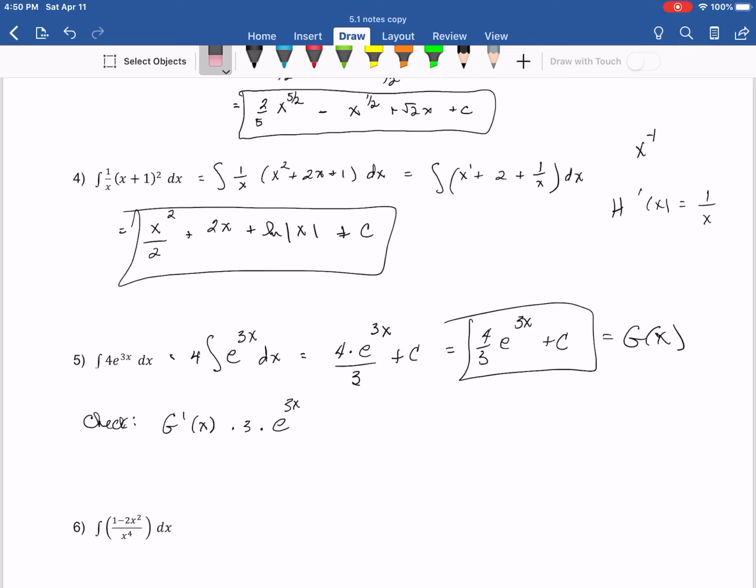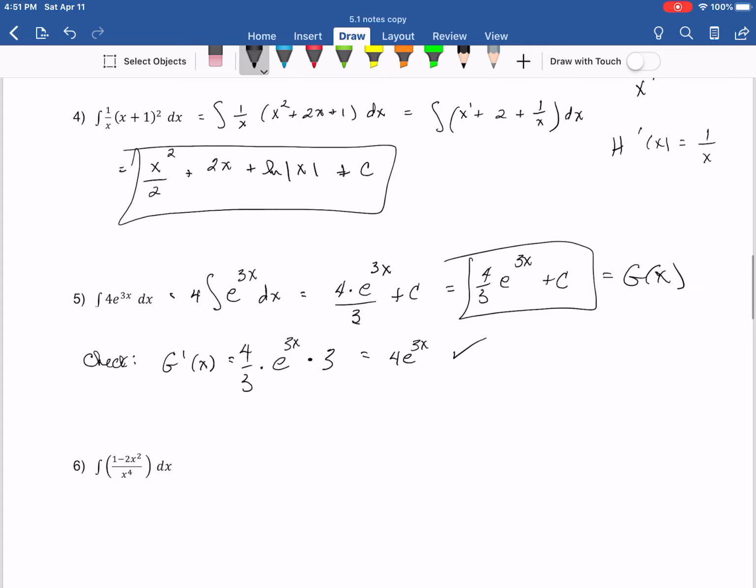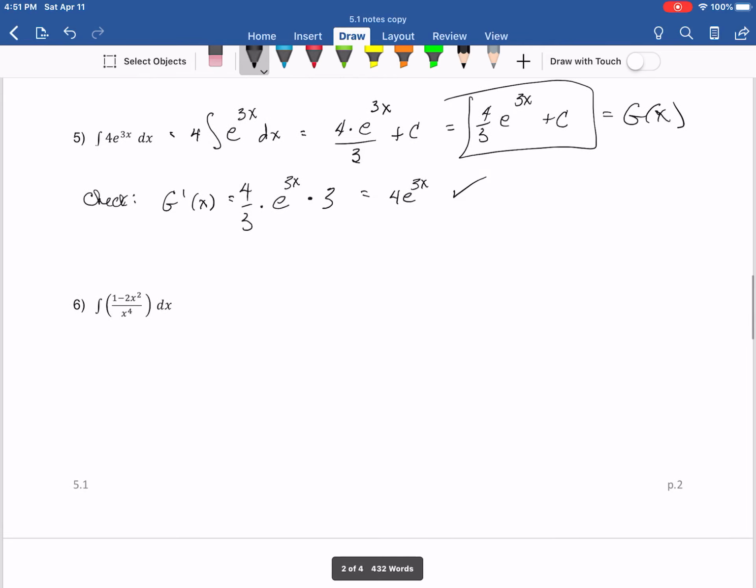I'm going to put the 4/3 where it was supposed to be, times the derivative of the power, and then you simplify and you get 4 times e to the 3x. So we've checked it, it's right. Okay, so the antiderivative of e to a power is e to the power divided by the derivative of the power.